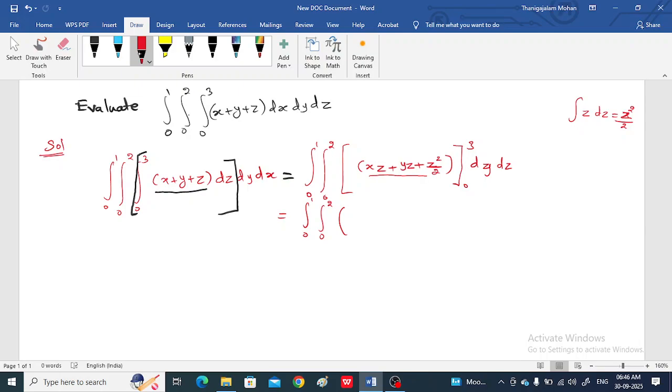Here I have to substitute the upper limit first: x into 3, plus y into 3, plus z square, 3 square divided by 2, minus the lower limit: x into 0 which is 0, plus y into 0 which is also 0, and 0 square is 0.